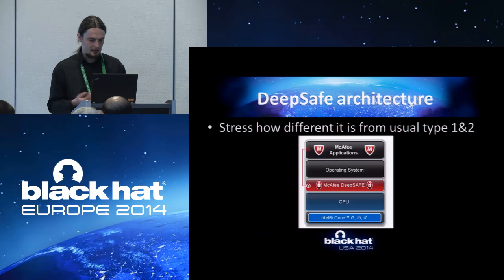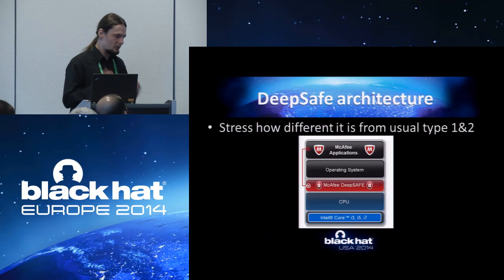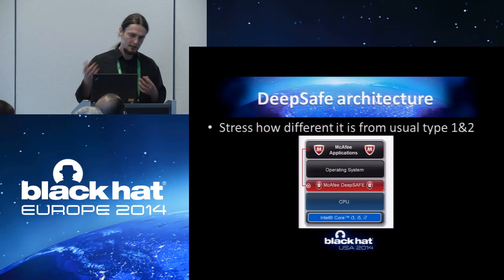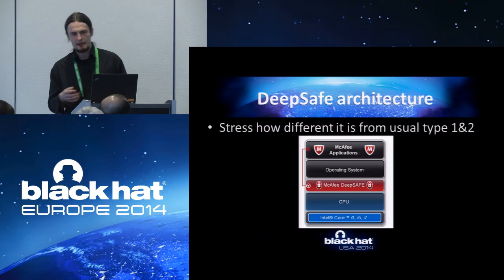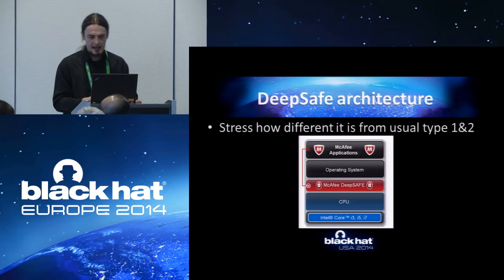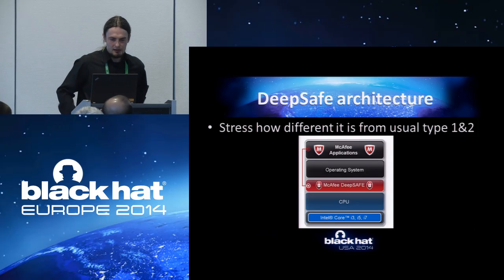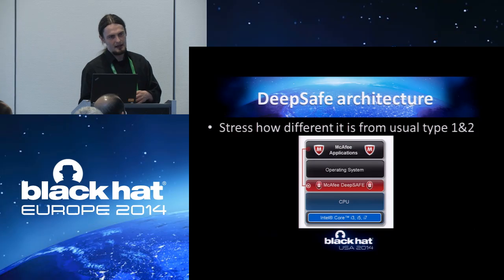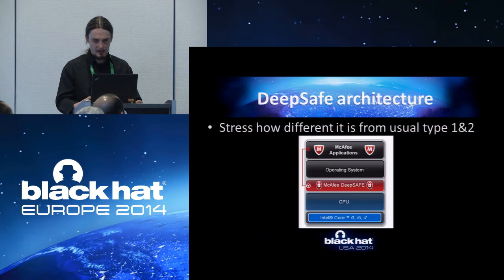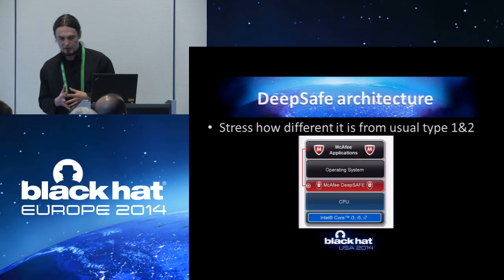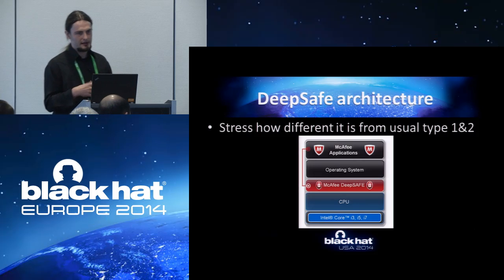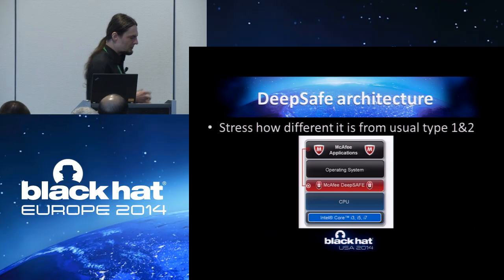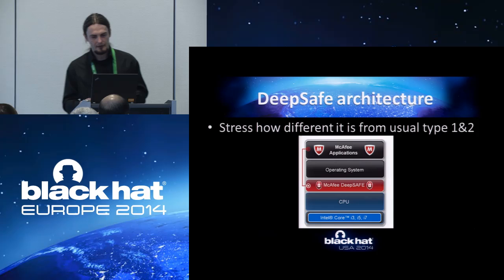The problem is that normally the Windows kernel is the most privileged part of the system, and once your exploit runs in this most privileged part, you can do whatever you wish. And DeepSafe tries to change the situation, because it installs itself as a hypervisor, and theoretically, Windows cannot attack the hypervisor, right? That's the idea. So that's very nice, and the purpose of DeepSafe is to monitor the execution of the Windows kernel and try to spot if a rootkit is trying to install. Because sometimes a rootkit performs actions that are easy to spot from the hypervisor level.